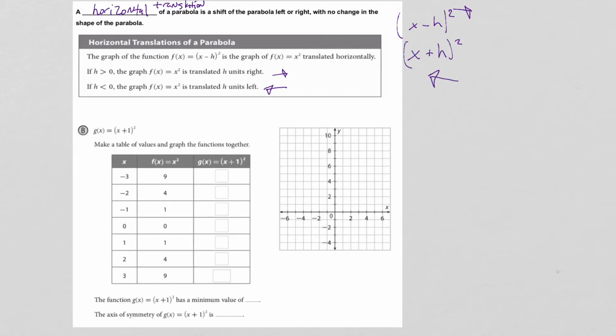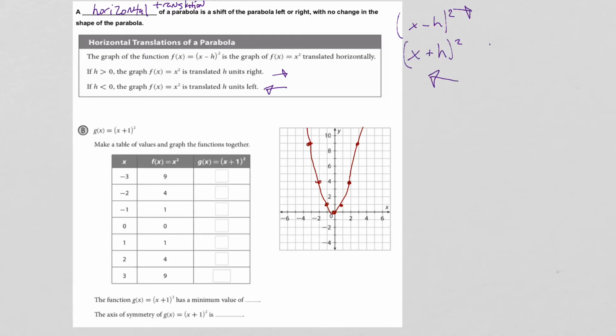Let's give this one a shot. If we're looking at this function, here's the parent: 0, 0, 1, 1, 2, 4, and 3, 9. Here's the parent. And I'm not the best drawer.